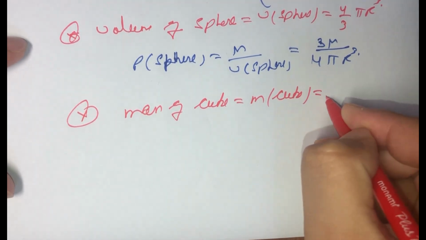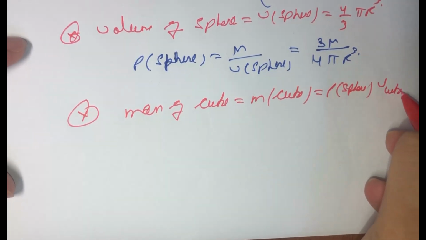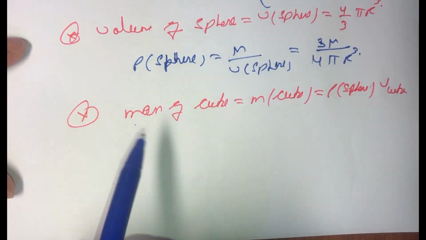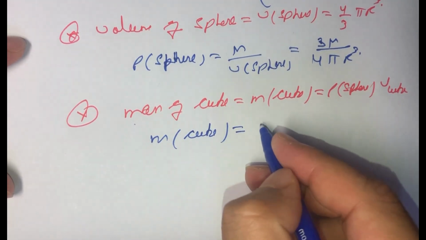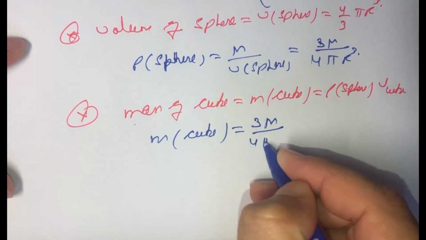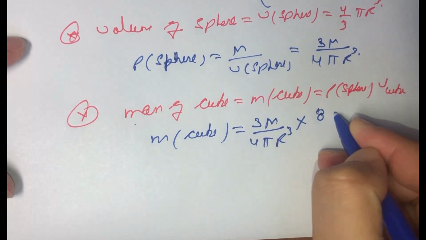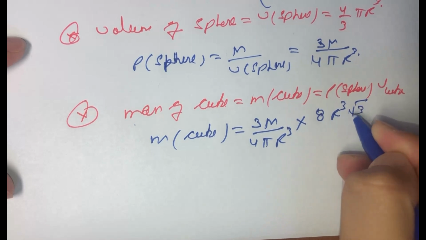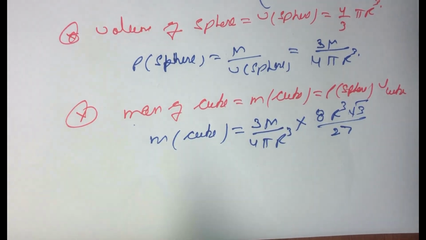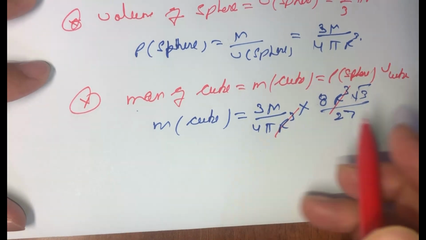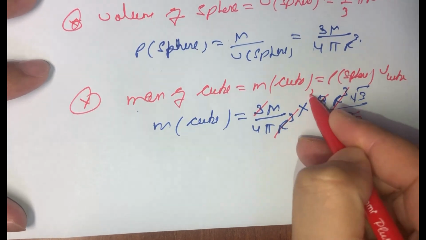So m cube is equal to 3m over 4 pi r cube multiplied by the volume, 8 r cube square root of 3 divided by 27, and r cube cancels out.